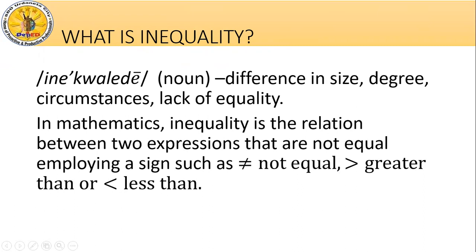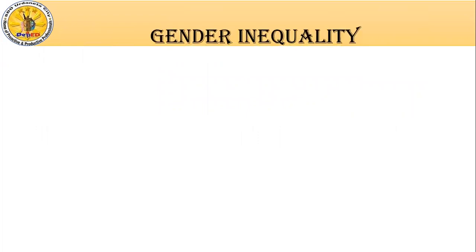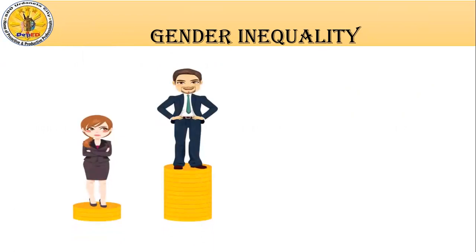Now, in real life situation, have you heard about the word gender inequality? It is a social process by which men and women are not treated as equal. For example, here in our first picture, men have higher pay than women.